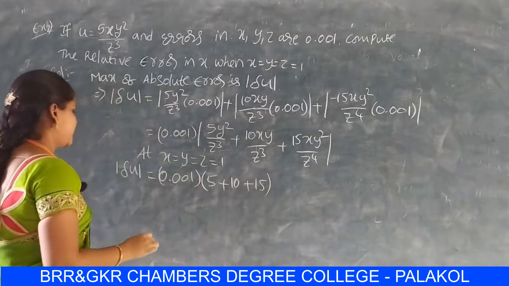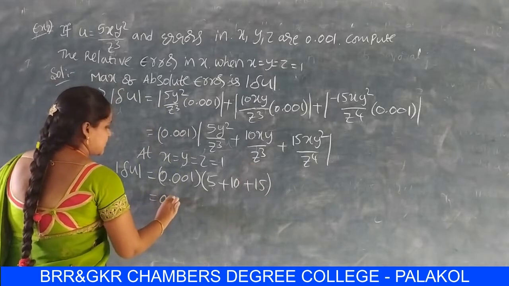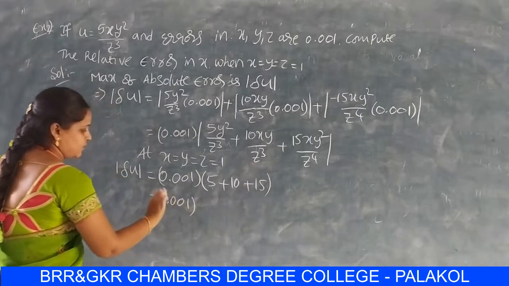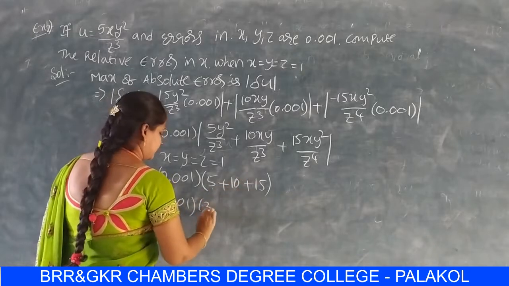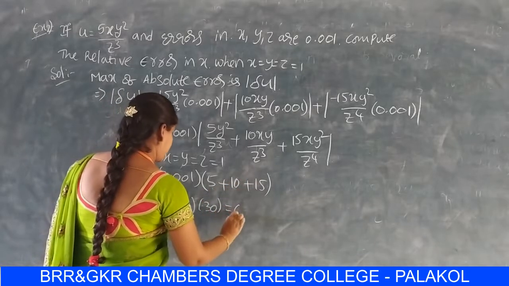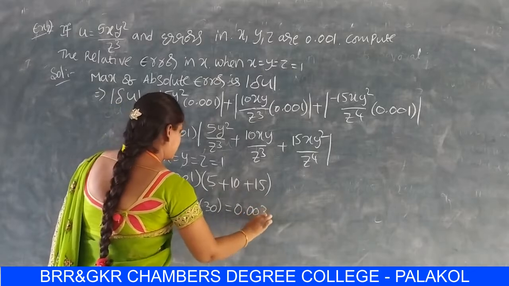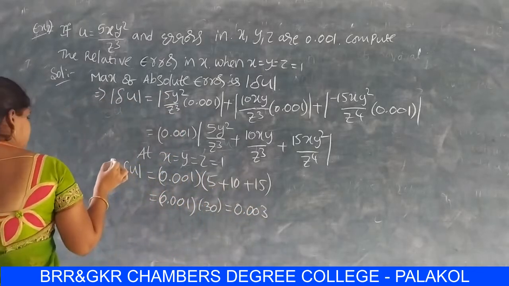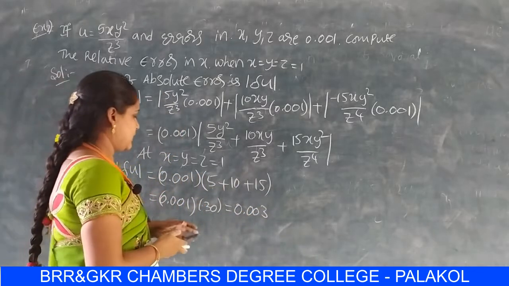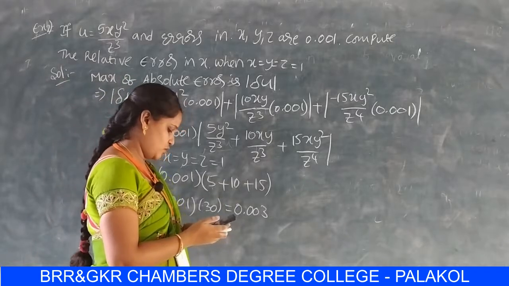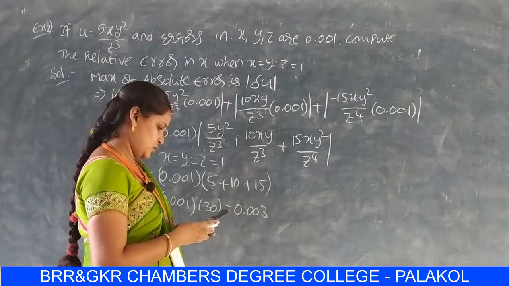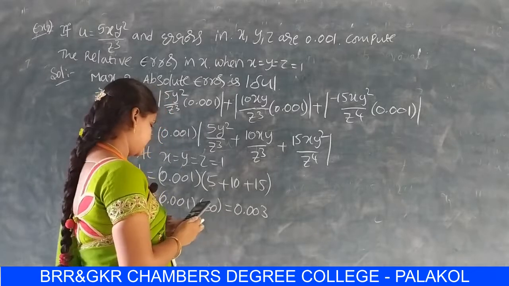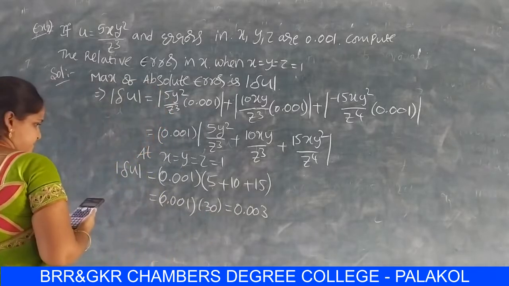So this entire value is 0.001 into 5 plus 10 is 15, 15 plus 15 is 30. So this value is 0.03. Once check with the scientific calculator: 0.001 into 30.